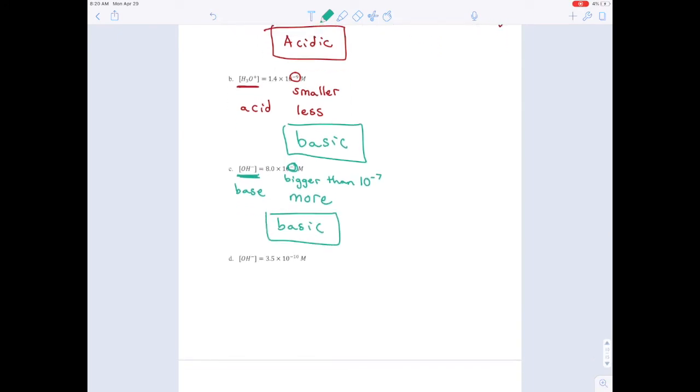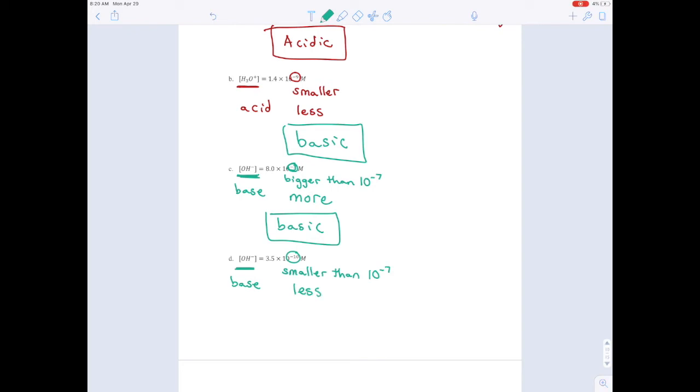And for this last one, first identify whether they're giving you an acid or a base. Here they are giving us OH minus, which is a base. Now we want to ask ourselves, is this number they're giving us bigger or smaller than 10 to the negative 7? Because the exponent is negative 10, we have more zeros in front of it than 10 to the negative 7, so it's going to be smaller, which means we have less of it.